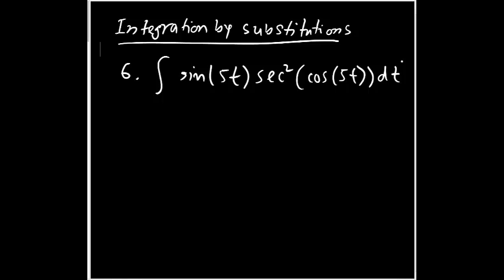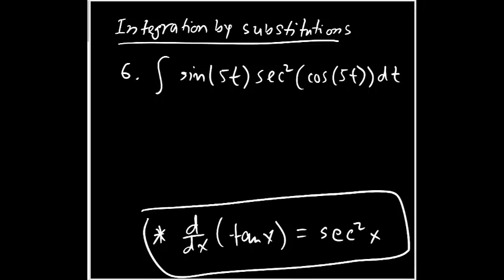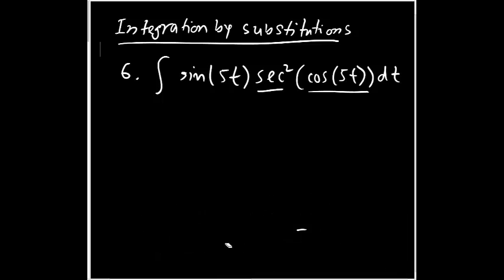The reason is, first I need to remember the derivative of tangent x. Who can tell me the derivative of tangent x, if you remember? So the derivative of tangent x is secant squared x. So we can see here secant squared. If I consider this one as u or x, then there is a chance that I can integrate. And that is the motivation of taking u equals cosine 5t.